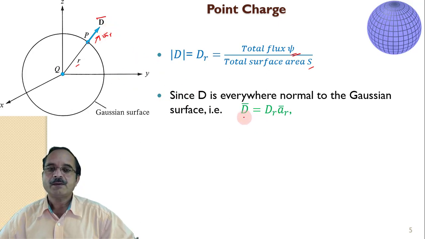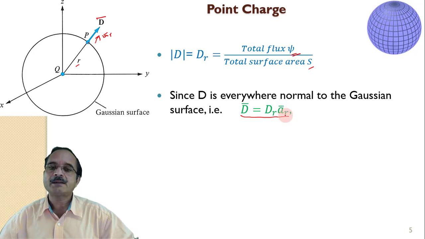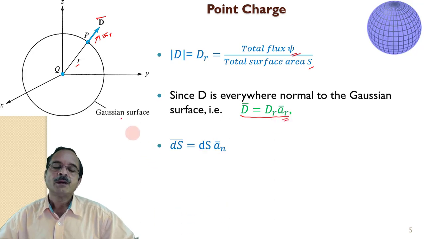So D, I can write as D_r a_r. D_r is the magnitude of this D, and a_r indicates its direction, the unit vector indicating its direction. So if I assume a small differential surface dS here, this differential surface is a vector quantity as we have seen earlier.